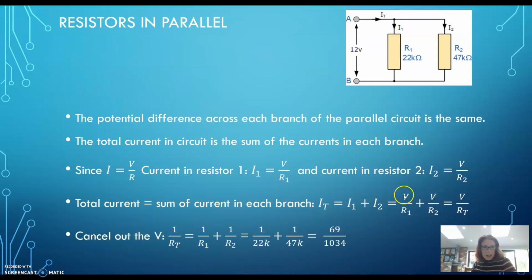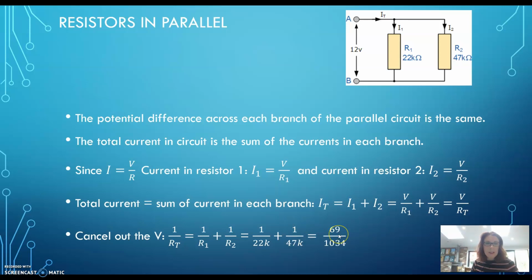You can then see that the V's all cancel. So what we're left with is 1 over total resistance is equal to 1 over R1 plus 1 over R2. So if we do that calculation with our example at the top, R1 is 22,000 ohms, so we've got 1 over 22,000, and we've got 1 over 47,000 here.